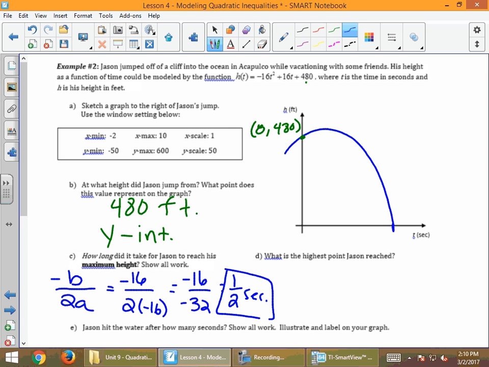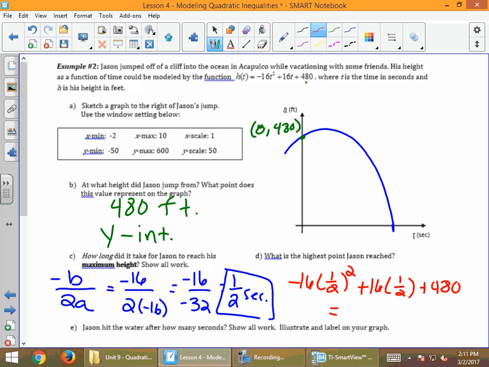And then in D, we want to know what the maximum height is. So what do we have to do with 1/2 to figure out the maximum height? Plug it in. Here's our 1/2. Plug it in, and plug it in your calculator.